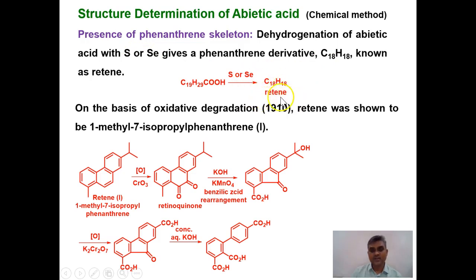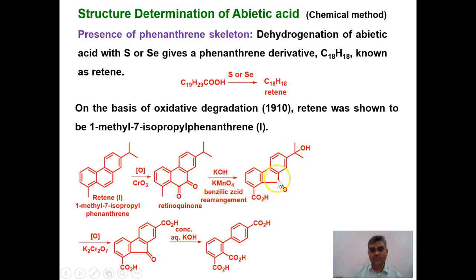The structure of retene was proved on the basis of an oxidative degradation sequence. Another proof for the structure of 1-methyl-7-isopropyl phenanthrene comes from its synthesis using Haworth methodology. In the oxidative degradation experiment for the structure determination of retene, we came across a 1,2-diketone, and this 1,2-diketone undergoes benzilic acid rearrangement in presence of KOH followed by decarboxylation.